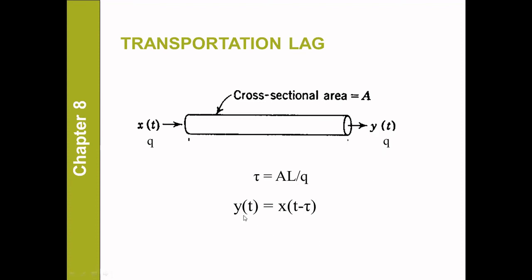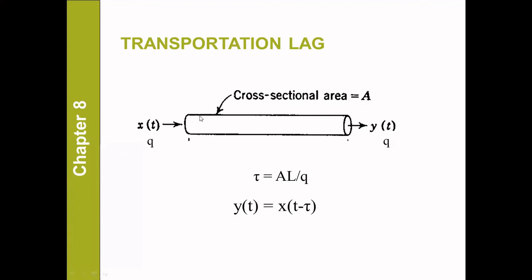So we could see here that your y of t, the output, lags behind the input by the value of tau. And that tau value is actually your volume of fluid entering the tank divided by the volumetric flow rate.